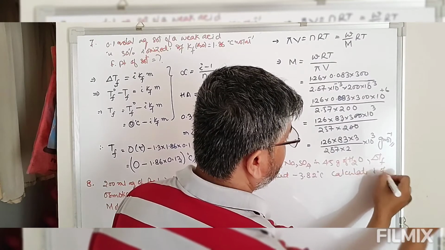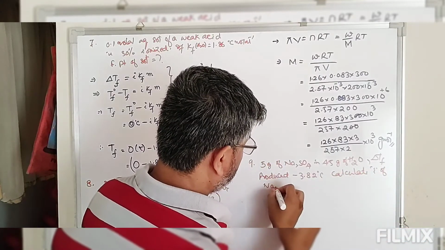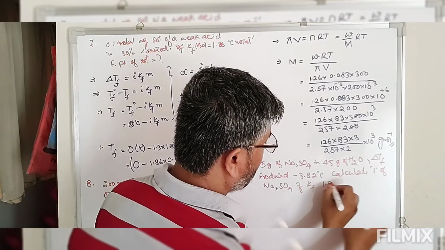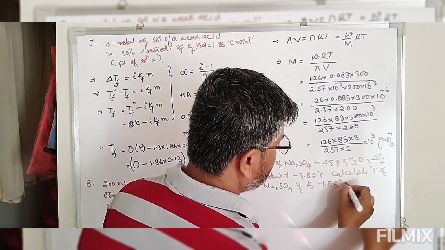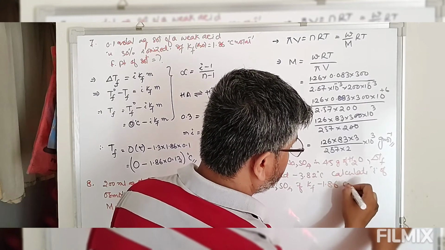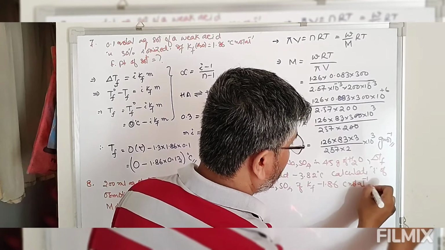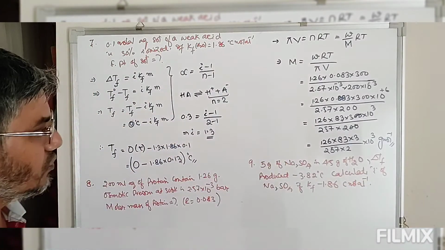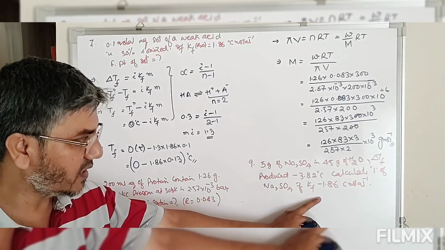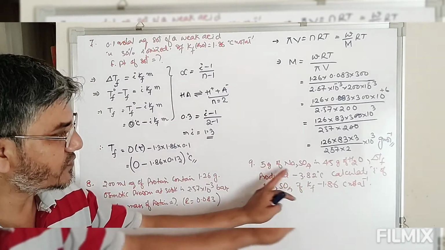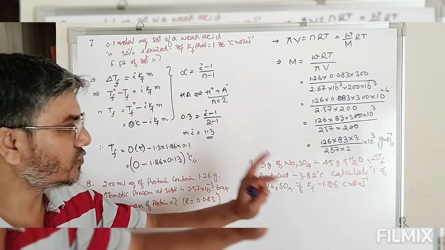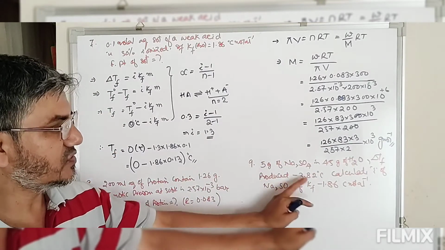Calculate I of sodium sulfate if Kf of water is 1.86 degree centigrade per mole. So we have to find the value of I. Mass of sodium sulfate and mass of water are given. Depression in freezing point is given.